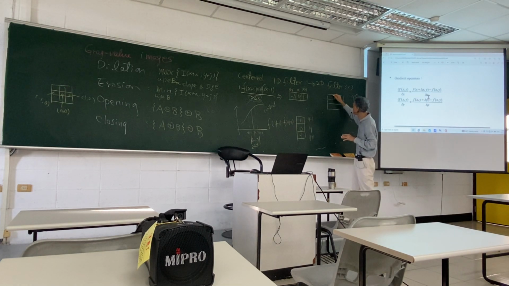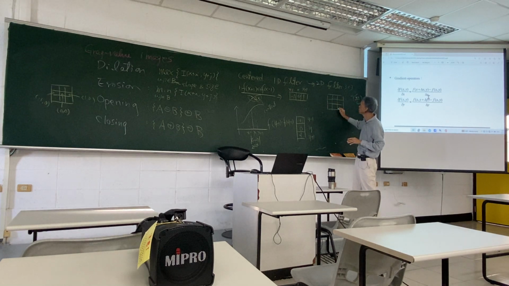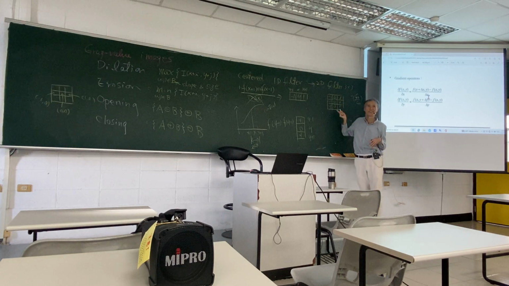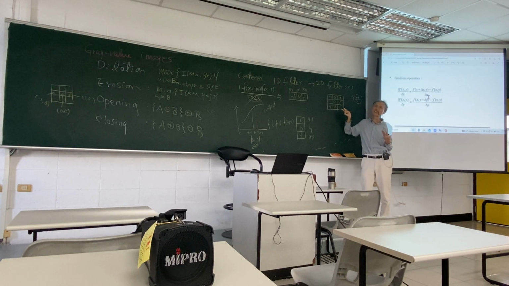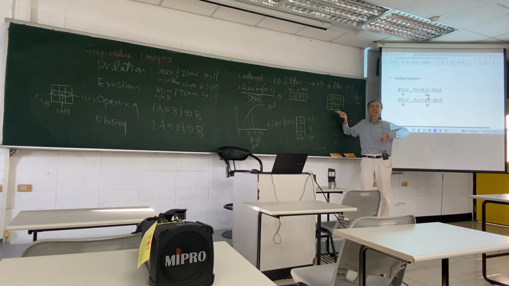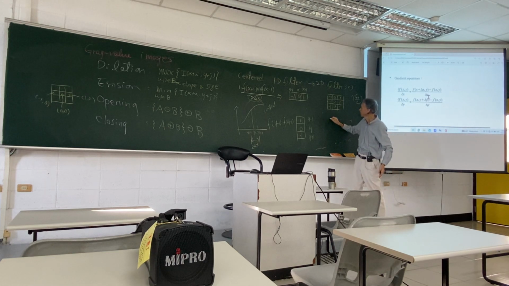We prefer to make it more stable, so we just do the same thing here. We just repeat the pattern. So this is a 3x3 filter to identify the vertical direction. And we need another filter to identify the horizontal.